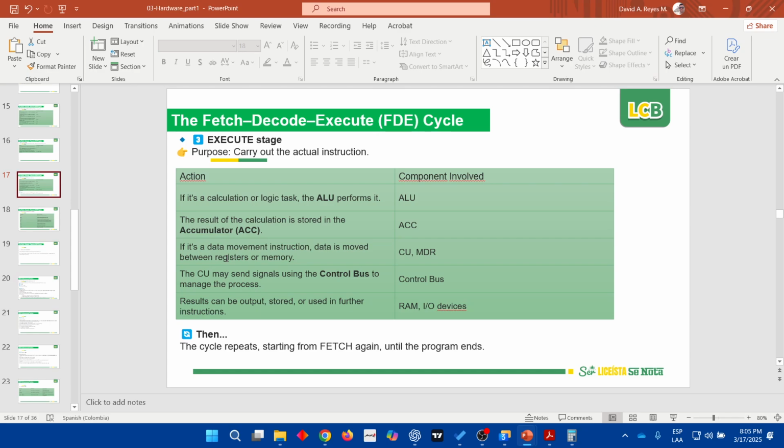Which information moves in the address bus? Just where the information is located. The data bus has the information that is going to be used in our executions. And the control bus controls the order of the instructions.